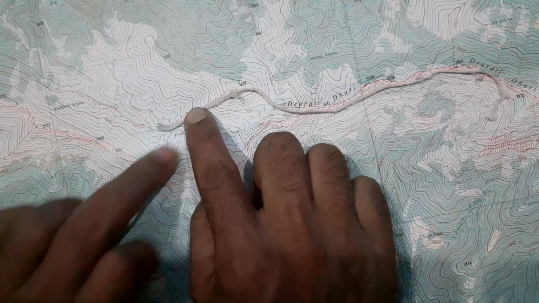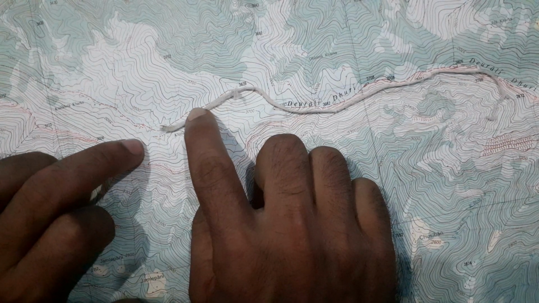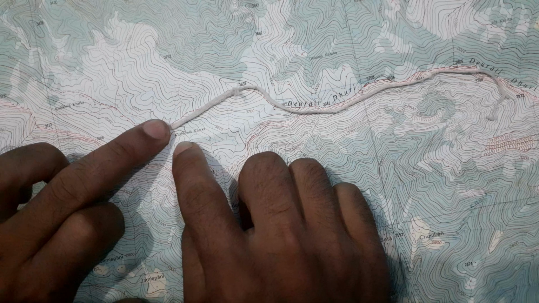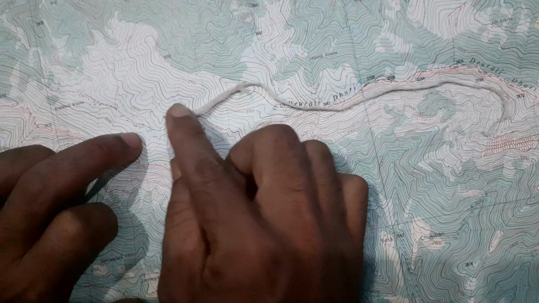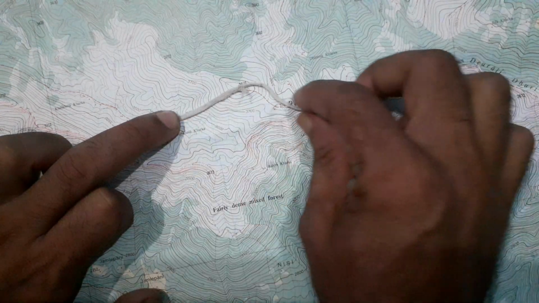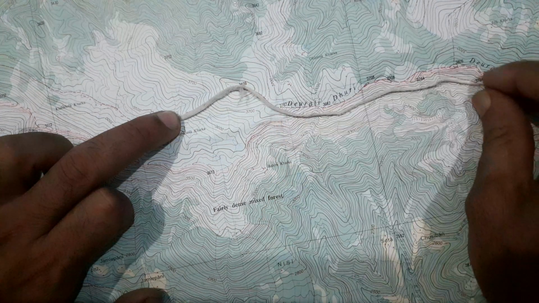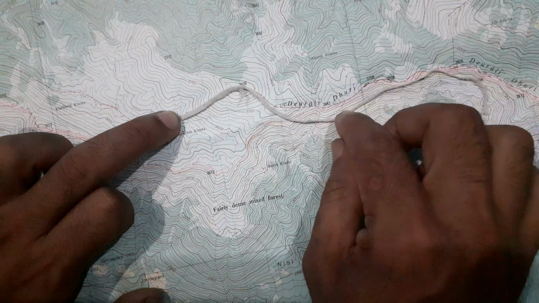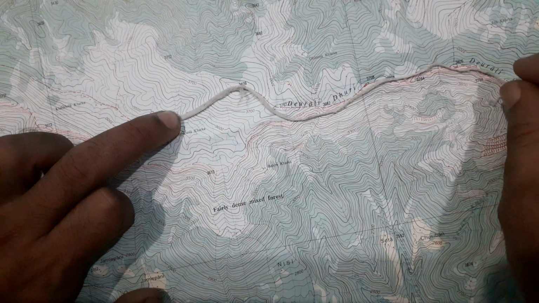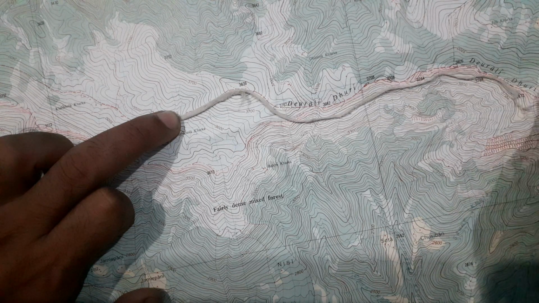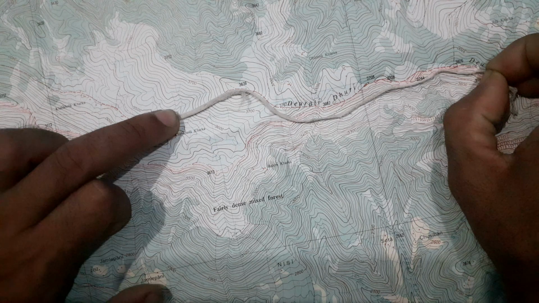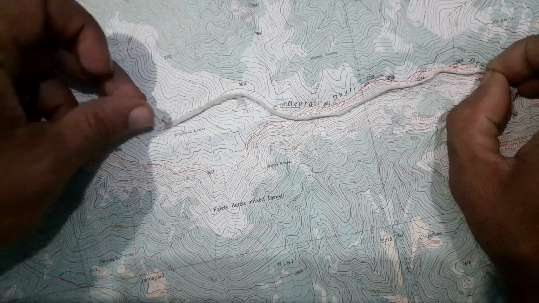Now you see, if you have to measure the distance, how far is Khalti Khola Kharka to this place, then you can make a ring like this, and this is the place Deurali Dhuri. Now the distance between these two places can be determined using this method, this rope.